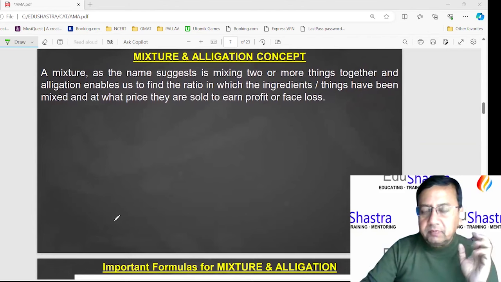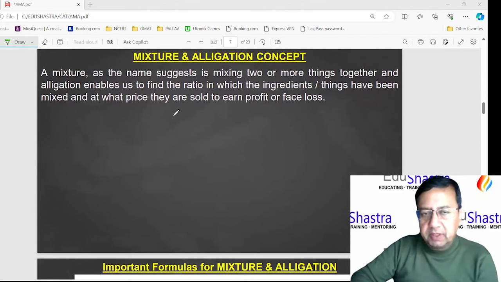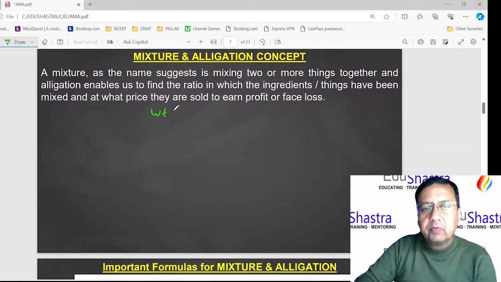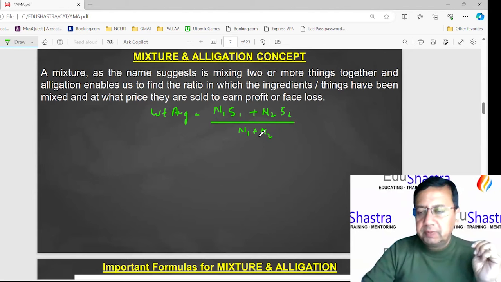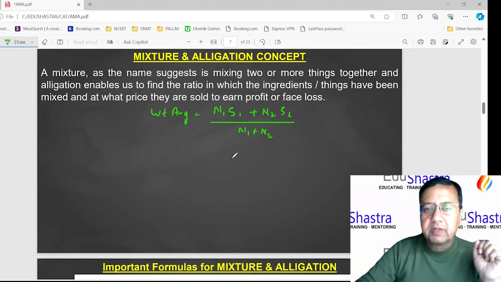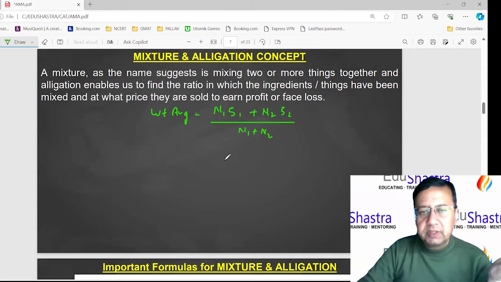So I can write this formula for the weighted average as: weighted average is N1 S1 plus N2 S2 divided by N1 plus N2. N1, N2 are the number of boys, number of girls, right? And S1 and S2 are the average for the boys and average for the girls, right?